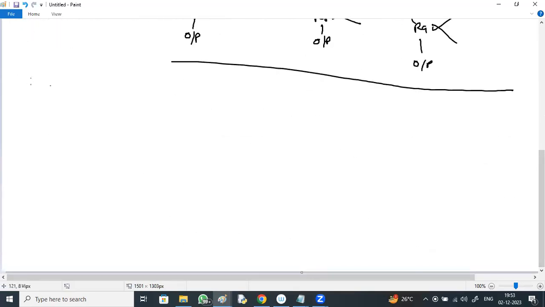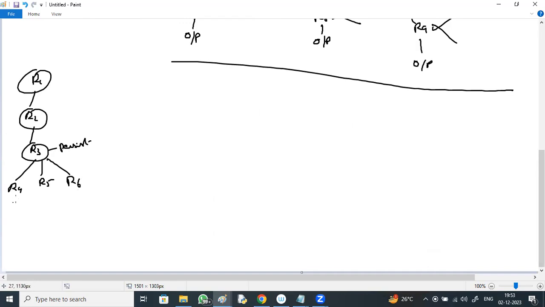I'm taking this once again: R1, R2, R3 is persisted, R4, R5, R6, R7, R8, R9.